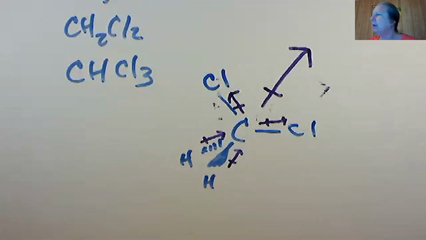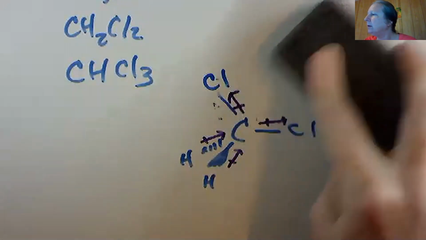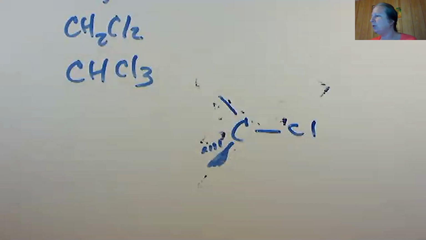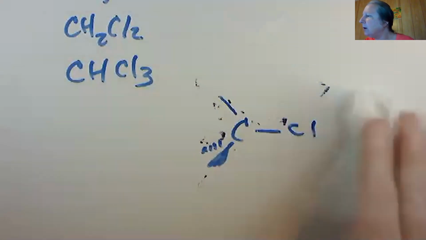No. All right. So I'm going to do 3, but this time I'm going to put the chlorines down on the bottom because it makes it easier to show how to do the arrow. I'm just going to redraw this.